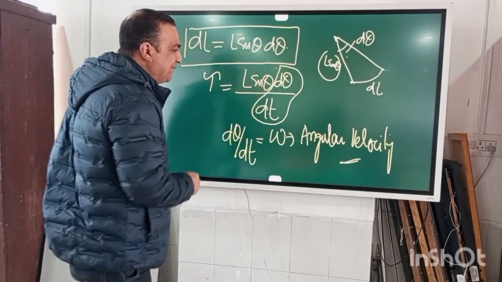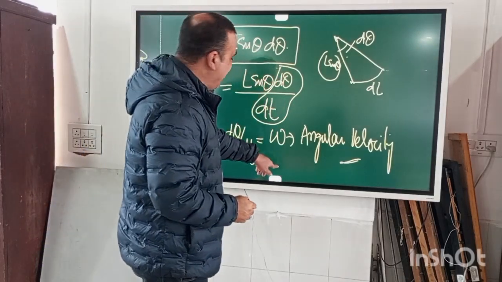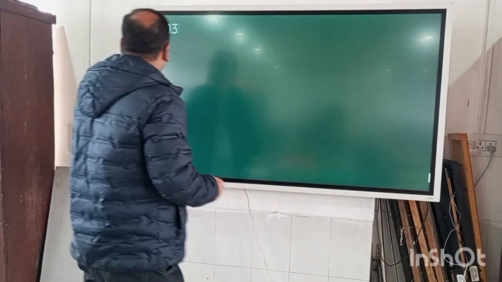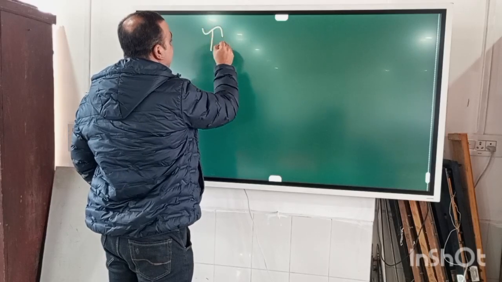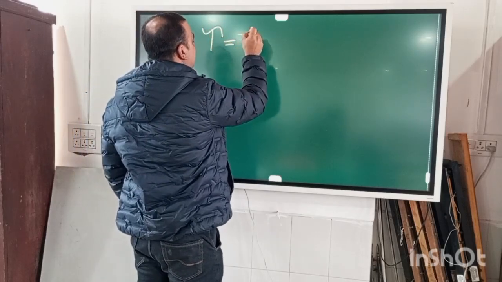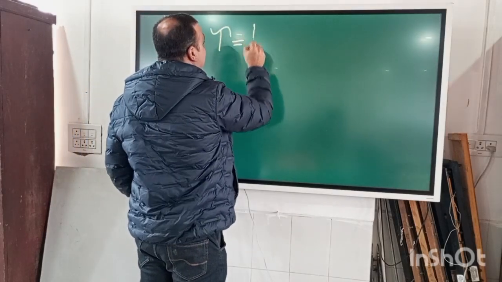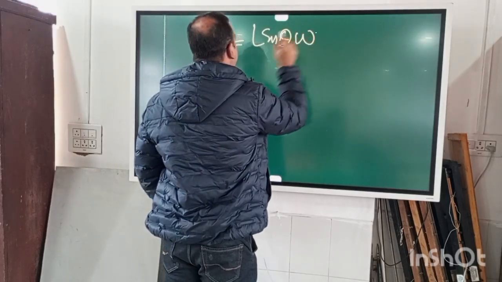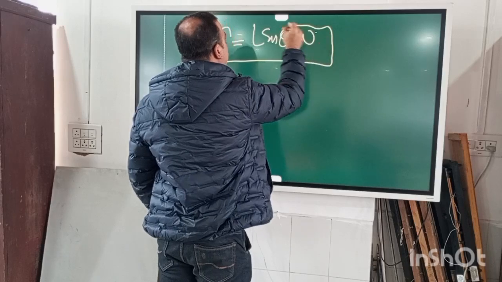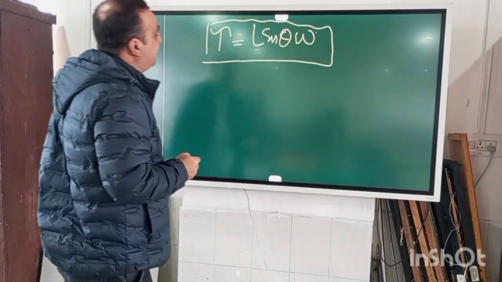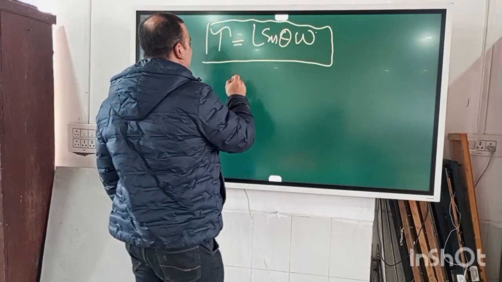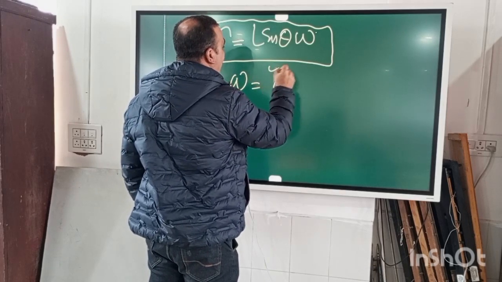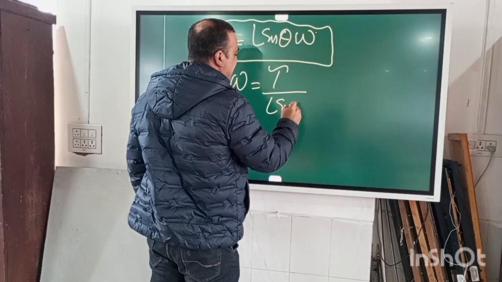So for this d theta by dt, we can use omega, and our torque will be L sine theta omega. From this equation, we can immediately calculate the frequency. That angular frequency omega is nothing but torque divided by L sine theta.